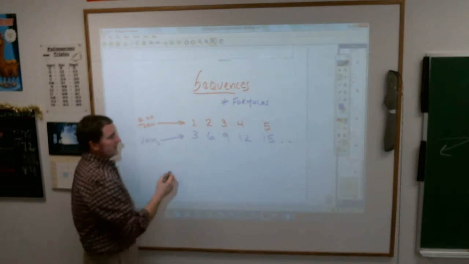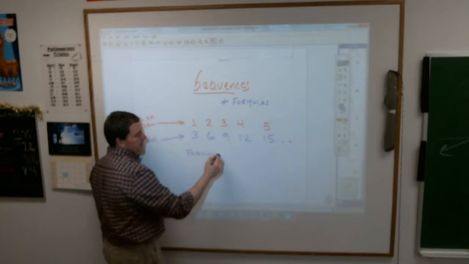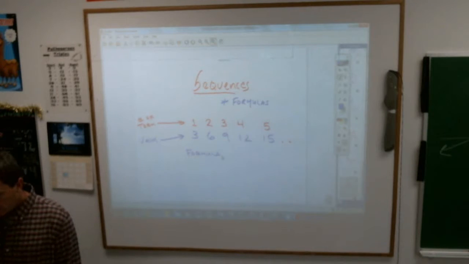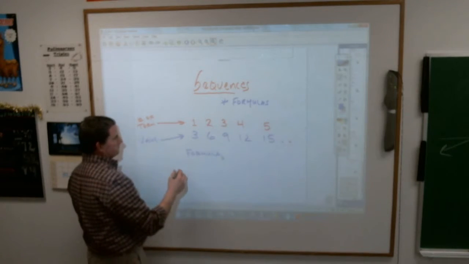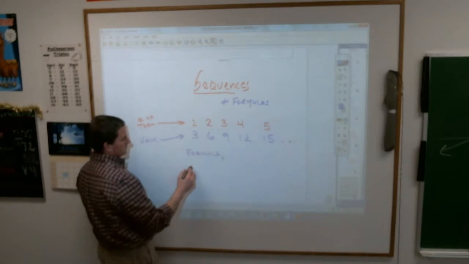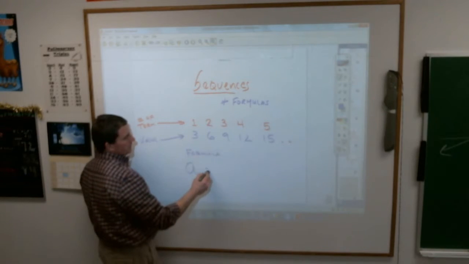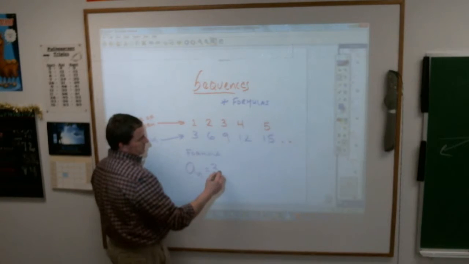Now, we can write that in a formula that looks like this. And usually it looks like this. It goes A sub n equals 3 times n.